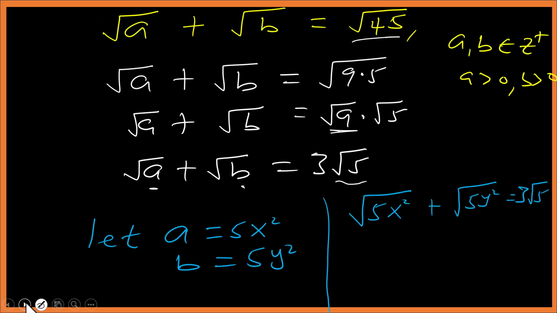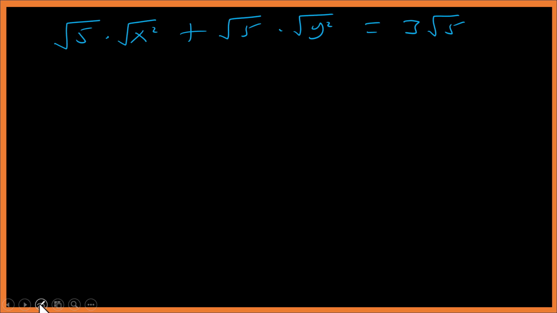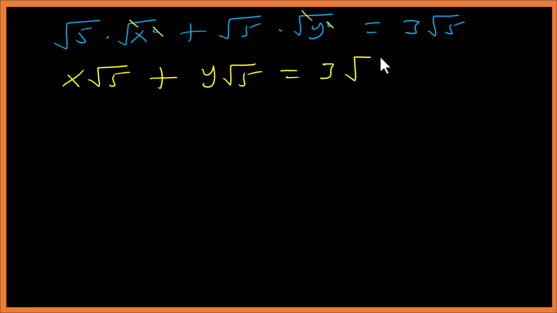Okay, so from here, this squared will cancel, this squared will cancel, so I will leave it as x root 5 plus y root 5 equals 3 root 5.